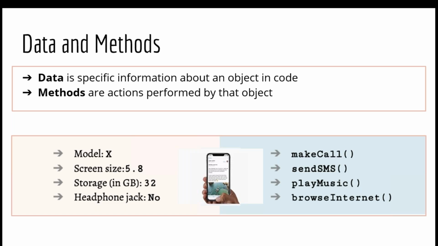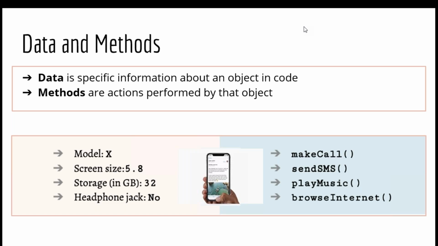I've given an example over here. One example is an iPhone. Let's take an iPhone to solidify this concept and help everyone understand what this means better. If we have an iPhone, there are many different aspects of data and methods which are used to describe it. Data, as I mentioned previously, is information about the object.